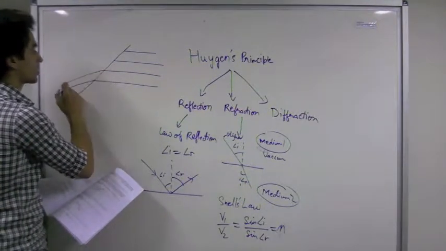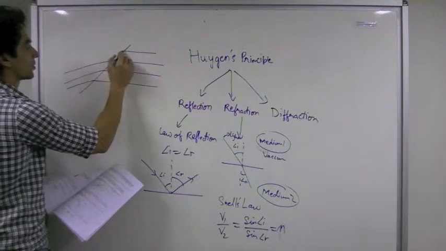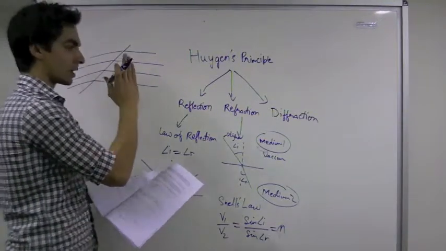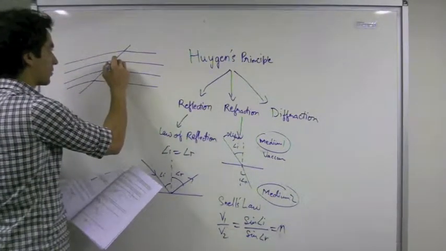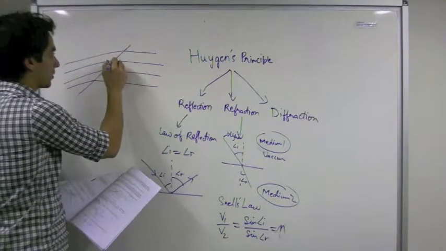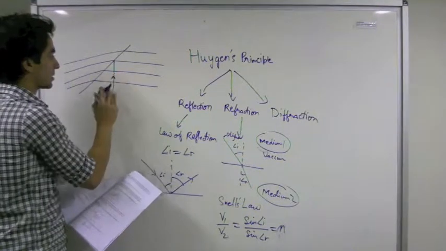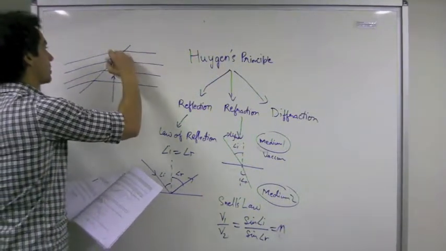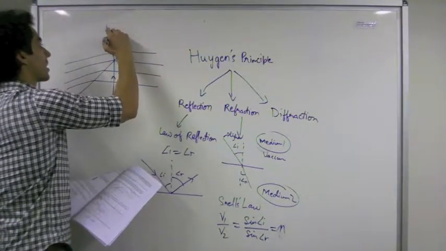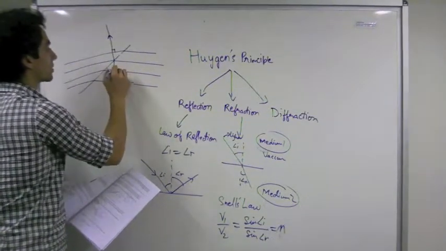Remember, the wave fronts are not the direction of travel of the wave. The wave fronts are perpendicular to the direction of travel of the wave. So if a ray was traveling like this in this medium, and in this medium the wave is traveling in this direction, again perpendicular to the wave fronts.